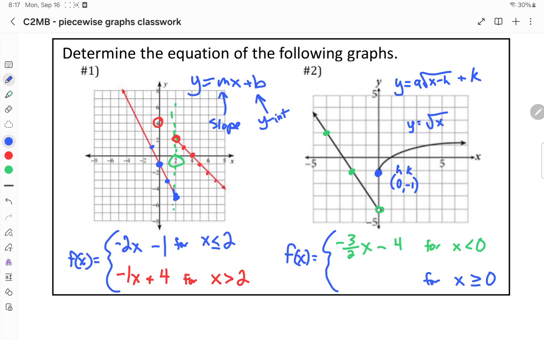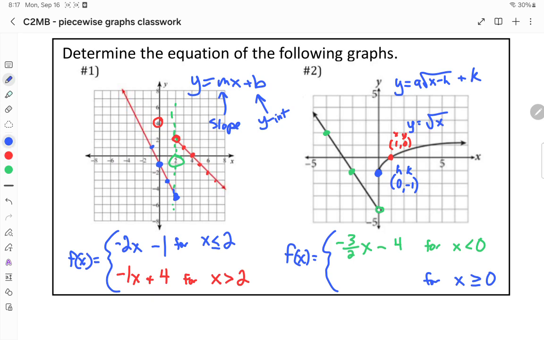Then, if I want to figure out if there's a vertical stretch or compression, what I would do is take another point on the graph. For example, this point right here, in red. That is the coordinate point 1, 0. So what I can plug in is an x and a y value, as well as h and k, to this transformational form and figure everything out.